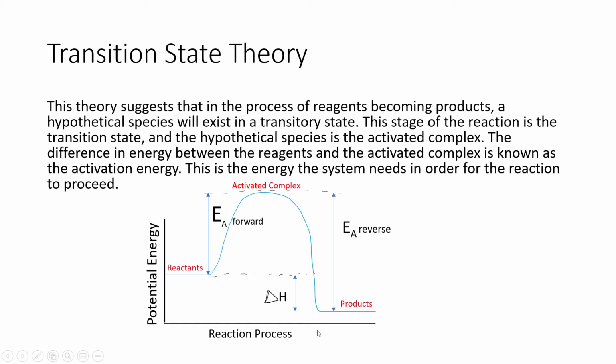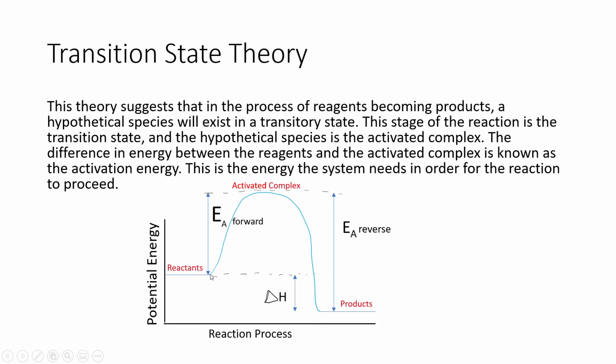So here we have a reaction process diagram where we see how the reaction occurs. We start at the reagents that have a specific amount of potential energy. They will have an increase in potential energy to reach the activated complex, and then a decrease in potential energy to reach the products. We see that even though the enthalpy is the same for the forward or reverse reaction, the activation energy, which is represented by Ea, changes depending on the direction of the reaction.